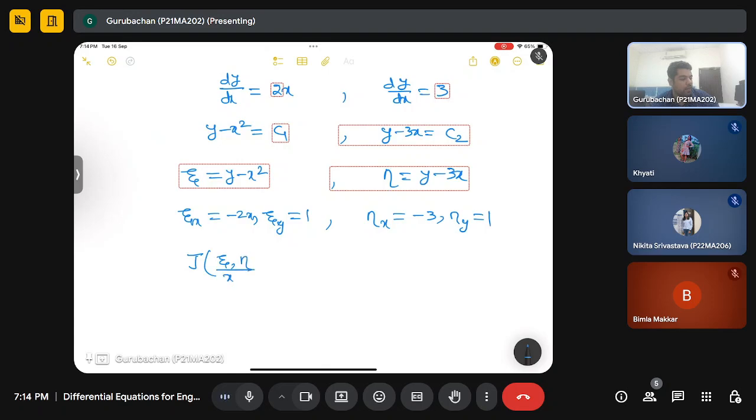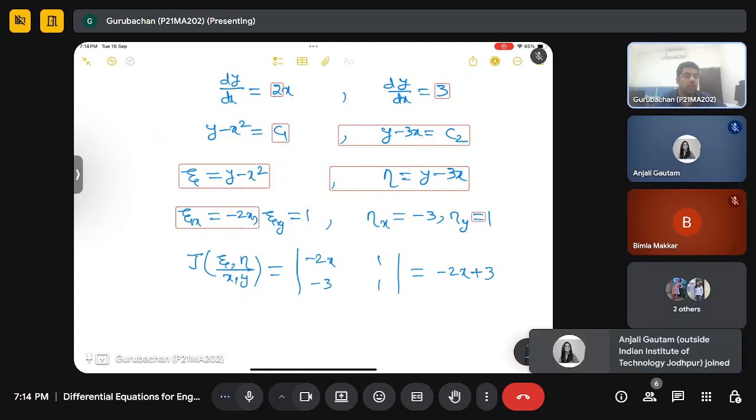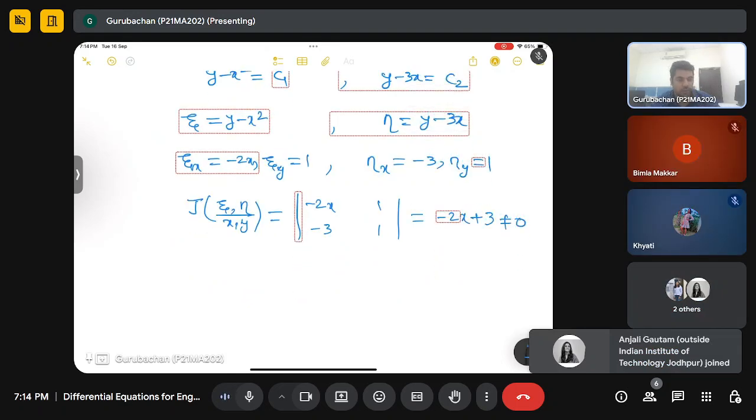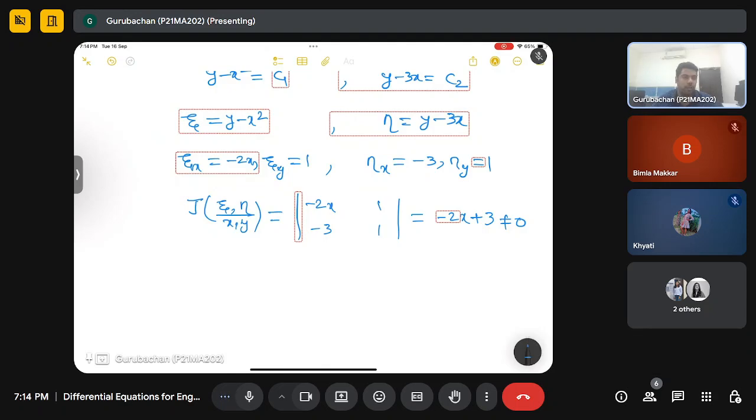It is the determinant of minus 2x, 1, minus 3, 1, which will give us minus 2x plus 3. And we know that x is not equal to 3 by 2, that means this will not be equal to 0. Since this is not equal to 0, we can proceed with this transformation.